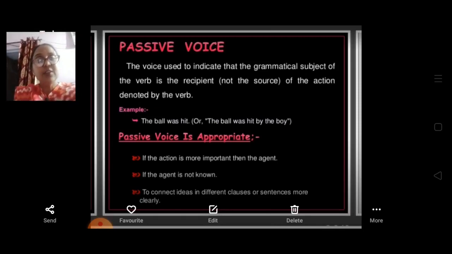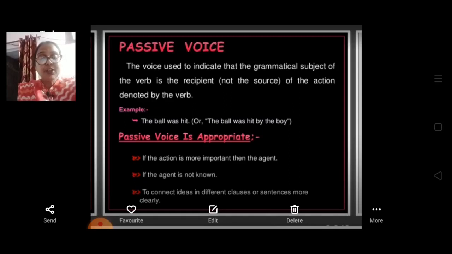In a transitive verb, as I told you, we always have a subject, a verb and an object. So we should always remember that there is a zigzag formation.